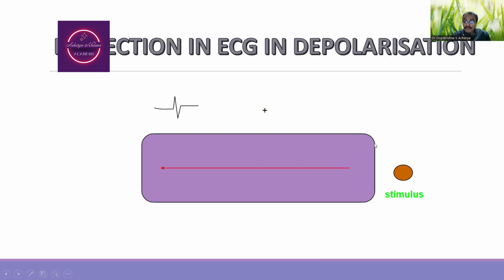Whenever the stimulus is moving nearing the particular electrode, and then moving away from that electrode, initially there will be a prominent positive deflection, followed by a prominent negative deflection.